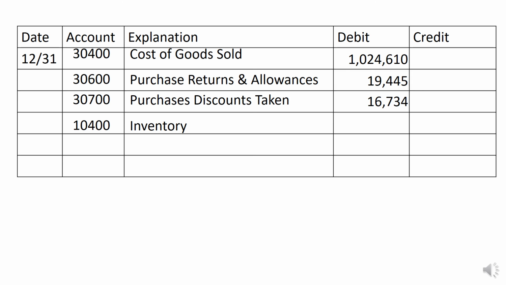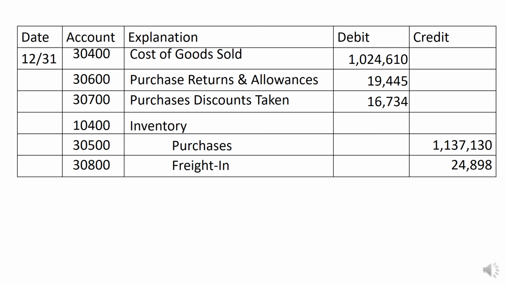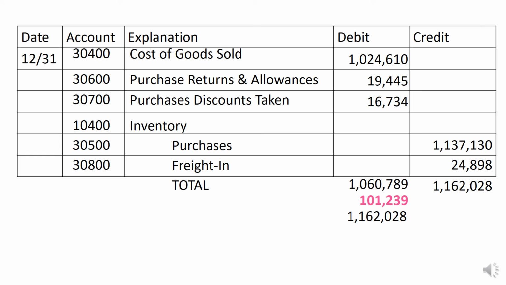We will credit purchases, undoing that account and closing it to cost of goods sold and inventory, and we will credit freight in. When we total our debits and credits, we get $1,060,789 in the debit column and $1,162,028 in the credit column, leaving a difference of $101,239.